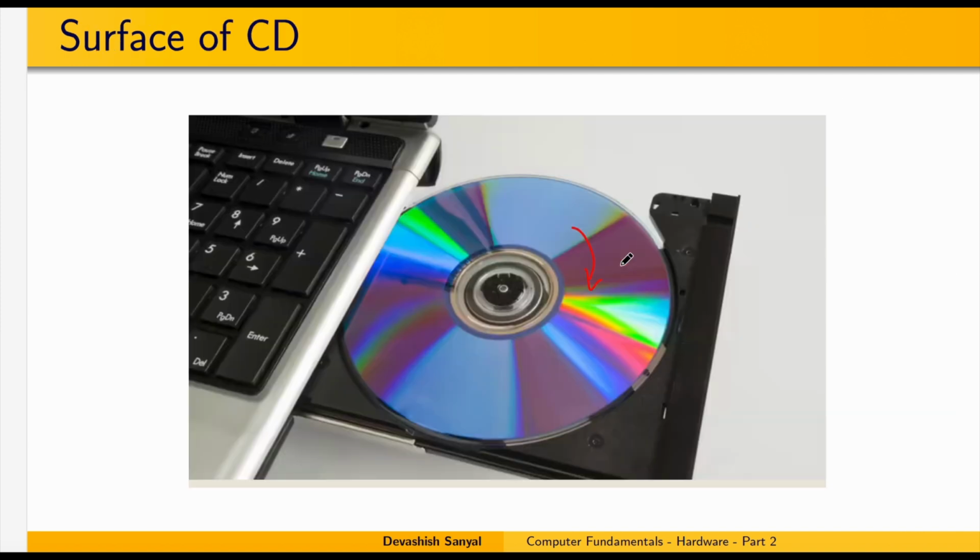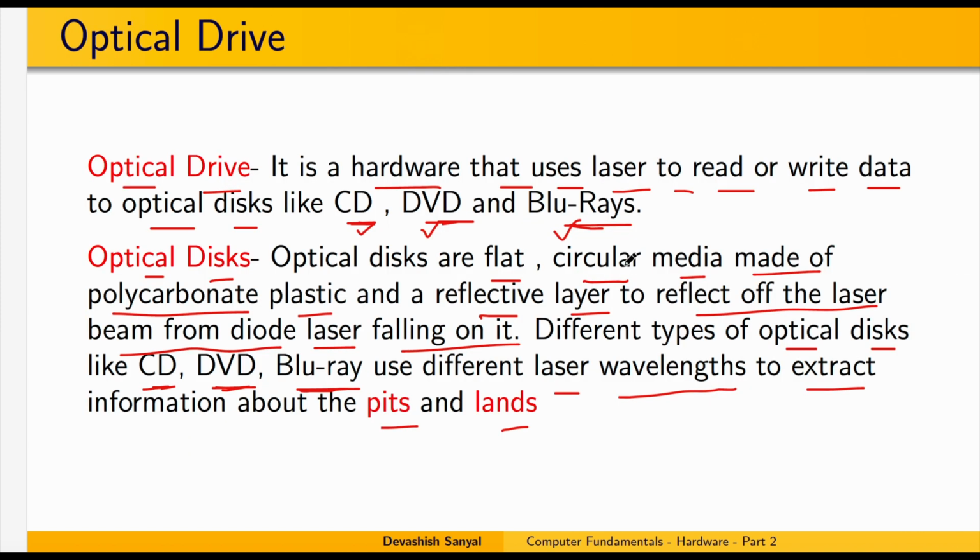Since the circles are closer, in Blu-ray you have to use blue light to find out what information is stored, whereas for CD we generally use a reddish light.